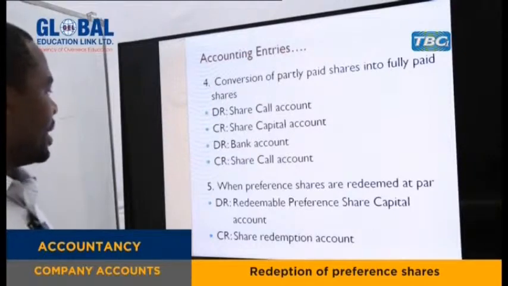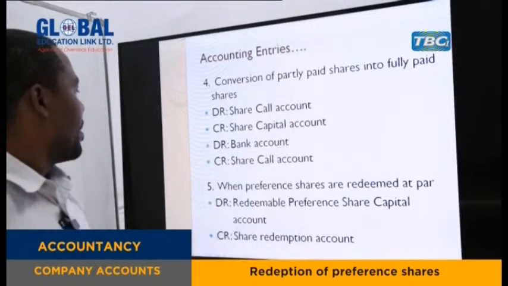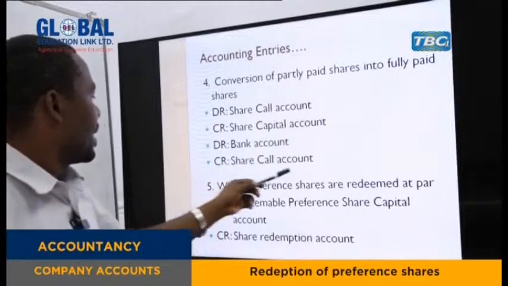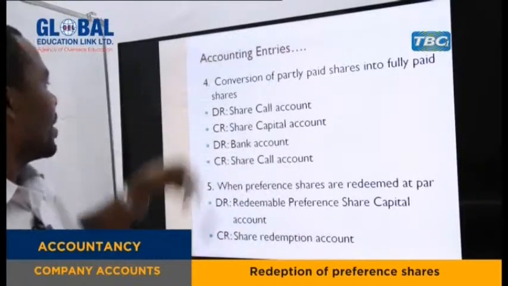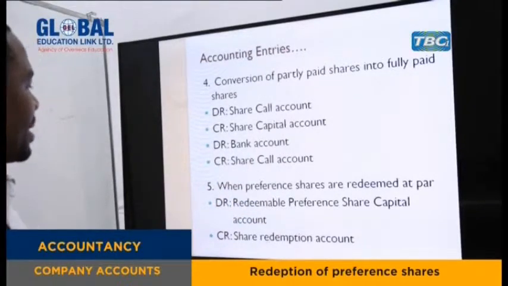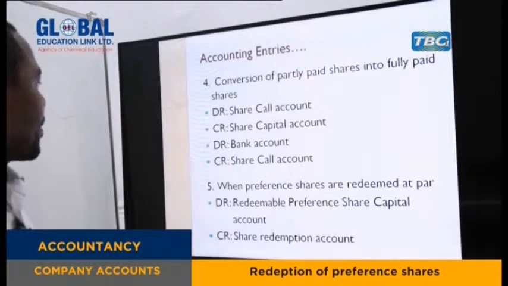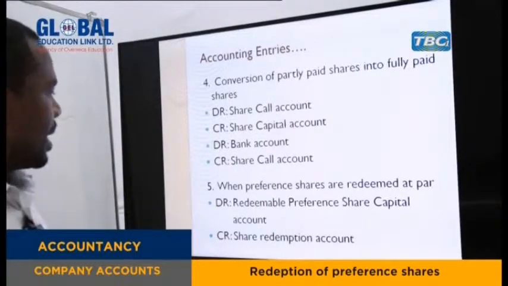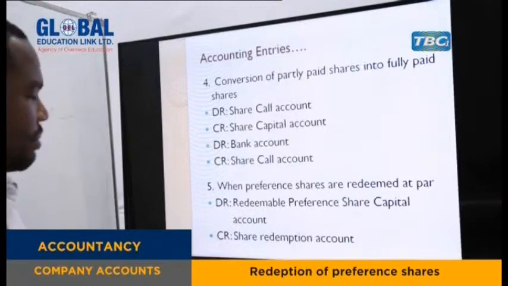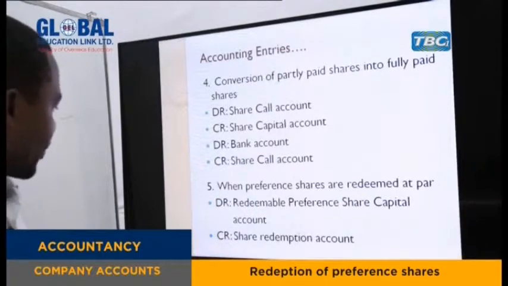And then when we receive the money, we debit the bank account and we credit share calls account. Then we have already converted these partly paid shares into fully paid shares, and then the redemption will be carried on.